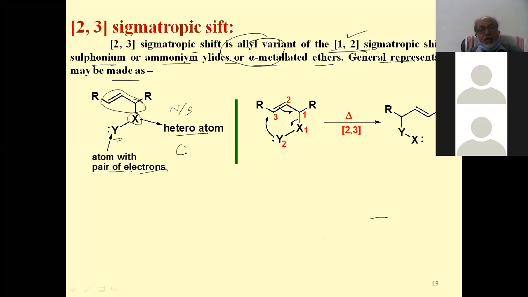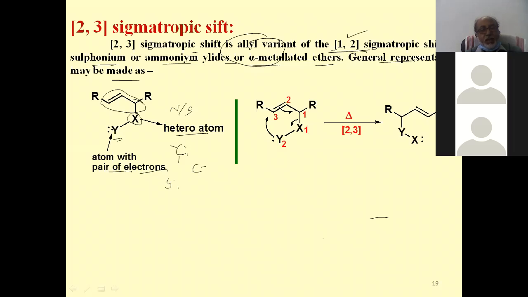Now, carbon with a pair of electrons can come in different forms, like carbene, or C minus here. Oxygen, sulfur, and nitrogen also will have their own lone pair of electrons.